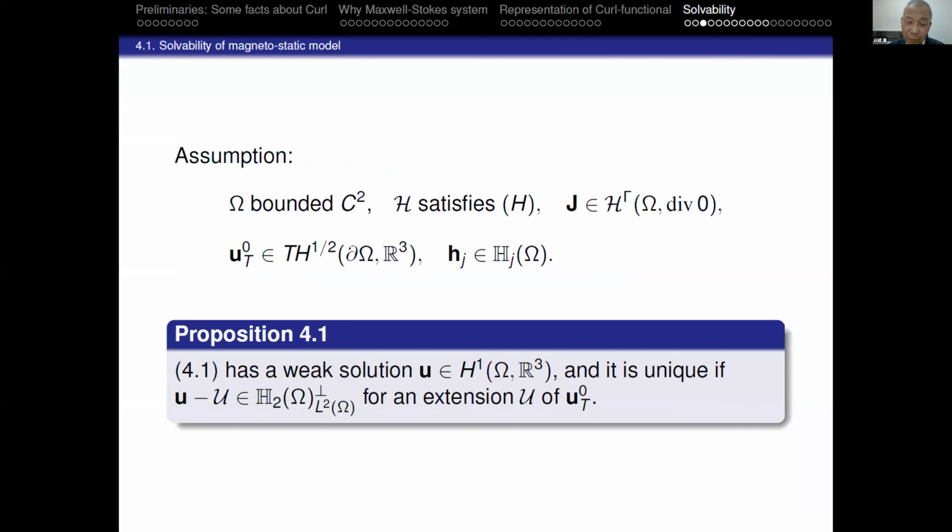And if you impose some orthogonality condition, you can have uniqueness. The orthogonality means that if the boundary data has an extension into the domain omega, and you choose carefully the extension capital U, such that U minus capital U is orthogonal to all the Dirichlet fields, then this solution is unique.